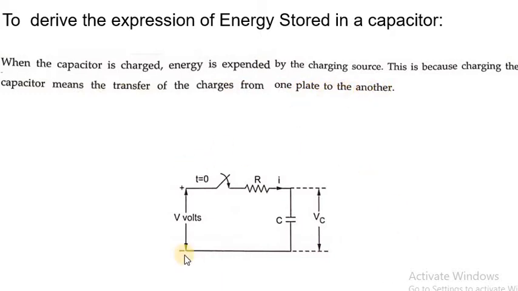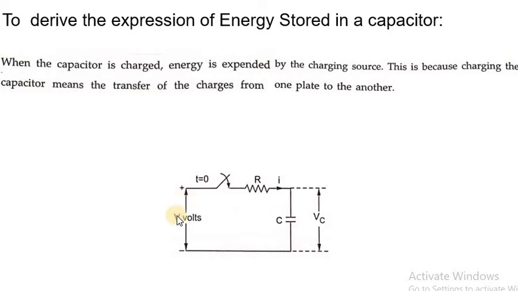Now in this particular circuit, who is the source of energy? The supply, that is supply voltage V. So this supply is going to supply the energy to the capacitor, and as soon as this switch is closed, this supply voltage V will start to provide the current I. This current I is flowing through the capacitor in the downward direction.